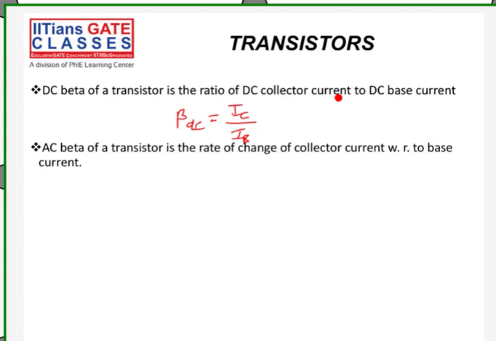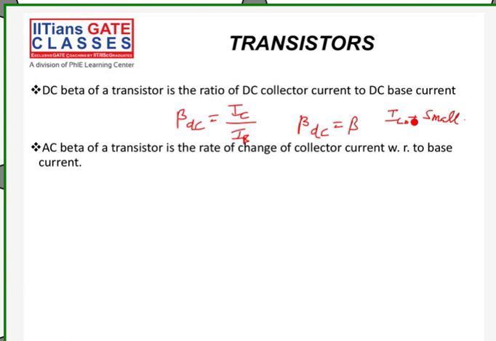And ICO is very small in the DC case because the saturation current is very small. So beta DC is equal to beta. Why? Because ICO is very small, so we can drop it. If we drop it, we get beta DC is equal to IC divided by IB. That is the one thing.